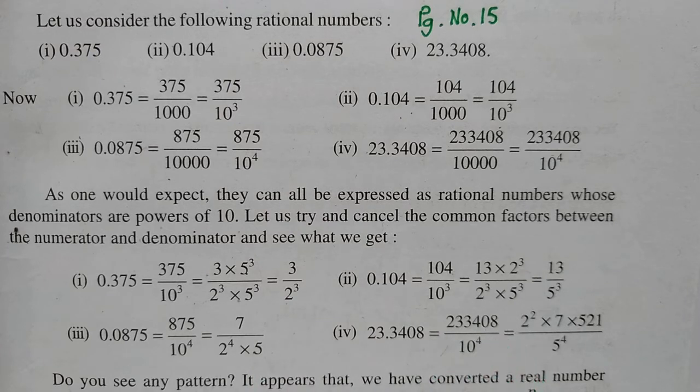Now children, the question is, do you see any pattern? Here we have done some cancellation. Can you see what the interesting thing is? After converting the decimal expansion into this form, and in the next step cancelling common factors, you are getting this, this, here this and this. Two things are common.